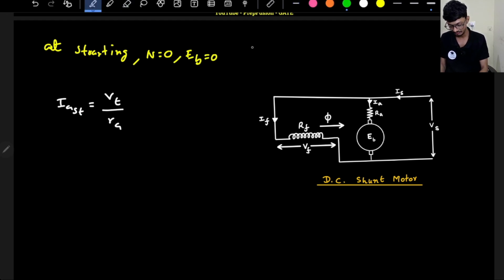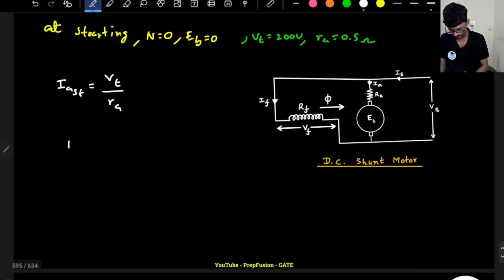Let's take a few numbers. Let's assume V_t is 200 volts. These are all considerable numbers. Let's say R_a is 0.5 ohms. Then what will be the starting current in this example?